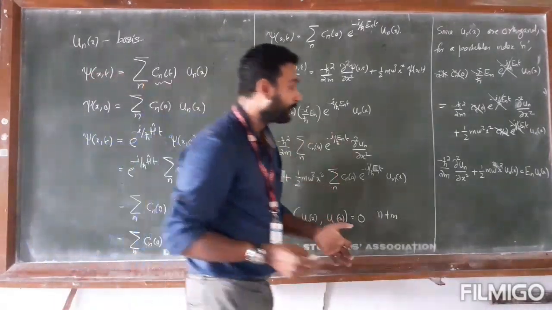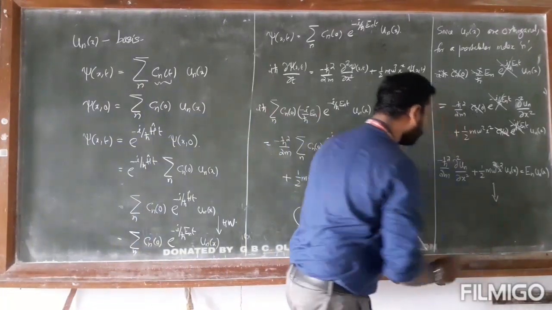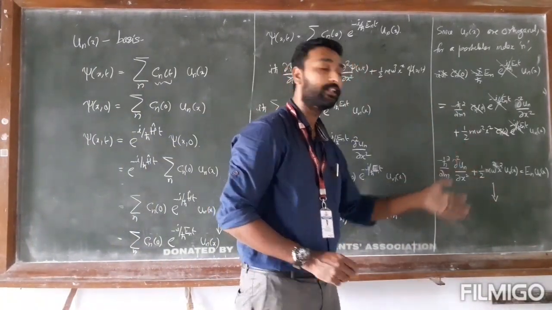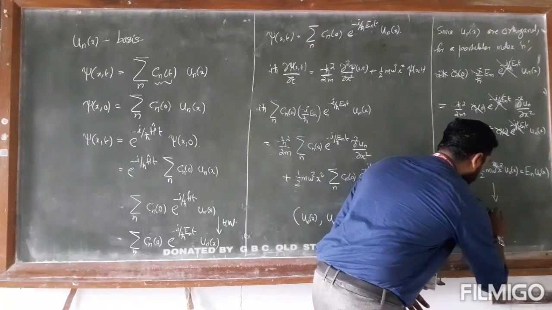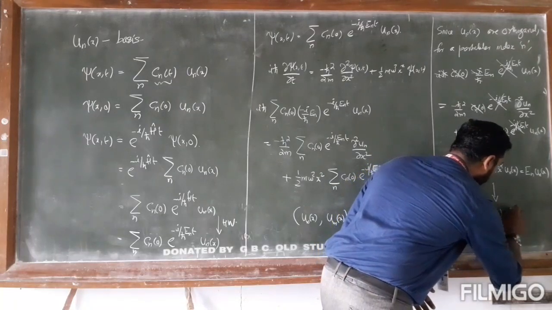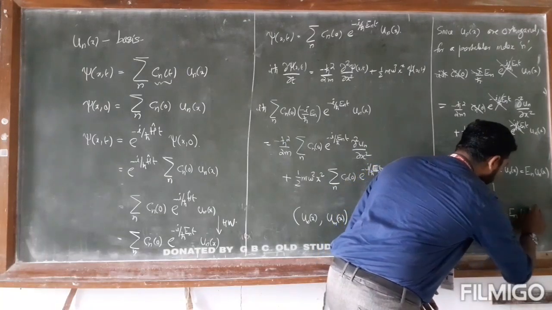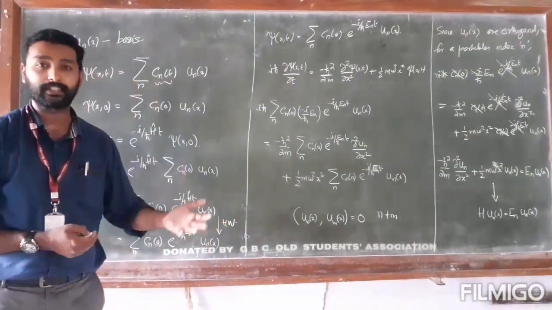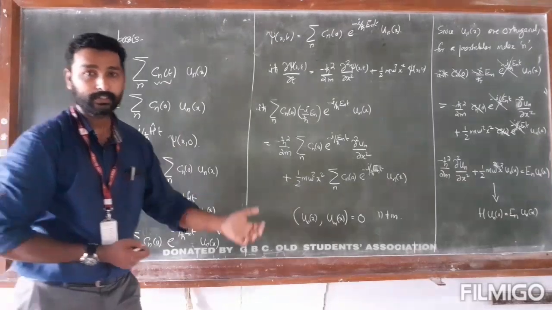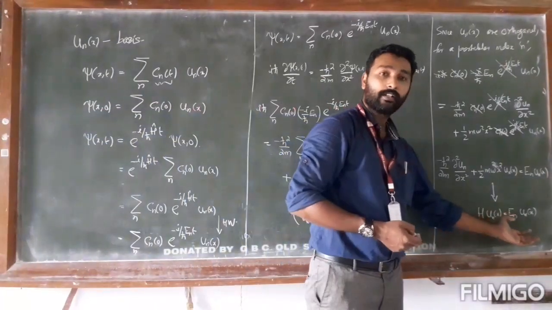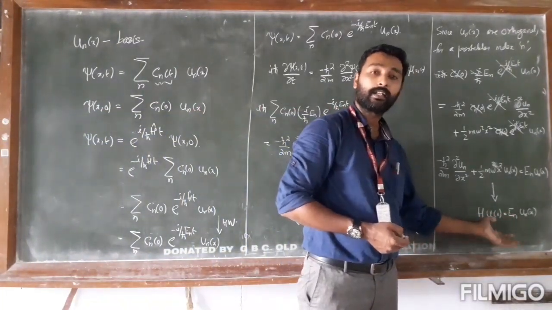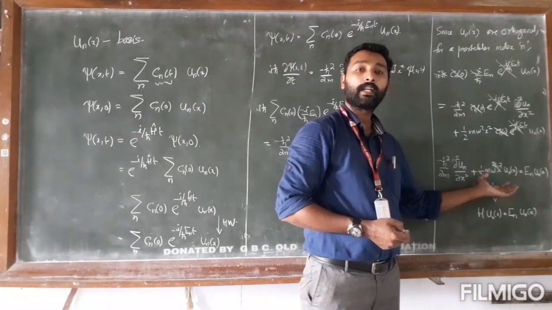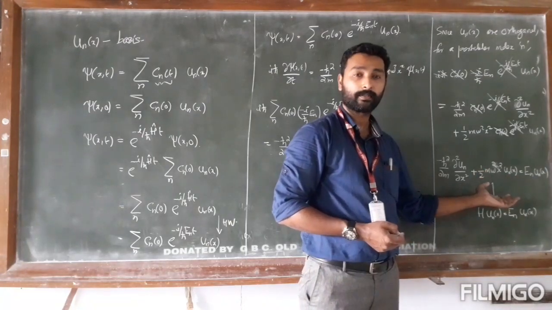If you look at this equation, the left hand side is nothing but H acting on un, so H acting on un of x is En un of x. This eigenvalue equation for the Hamiltonian is nothing but the time independent Schrodinger equation.